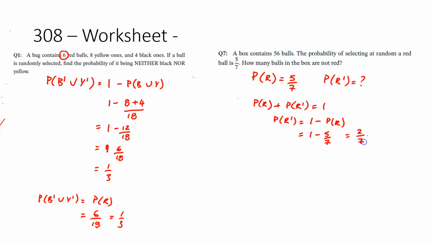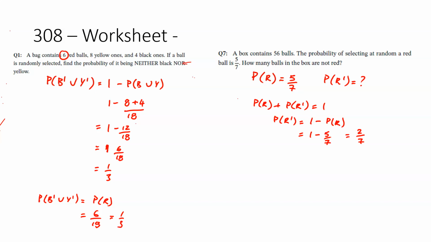So the probability that you get a non-red is 2/7. To be fair, with those calculations, we probably could have seen that at the start. If you've got 5/7, you need another 2/7 to make 1.